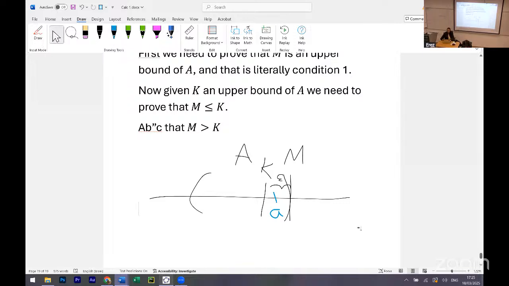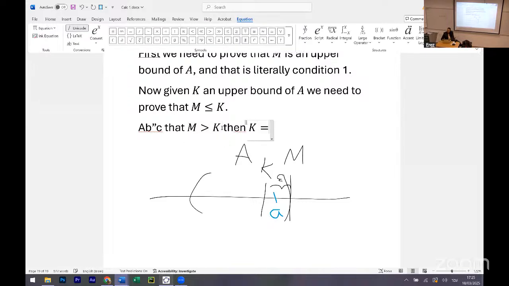So look at how we will do it. If M is larger than K, then K is actually M minus epsilon. Do you agree? Seems a bit silly, but I hope that the drawing helps you to understand it.